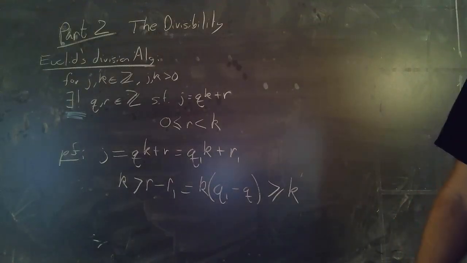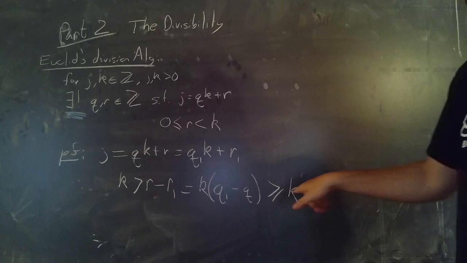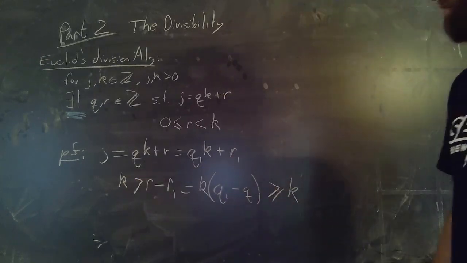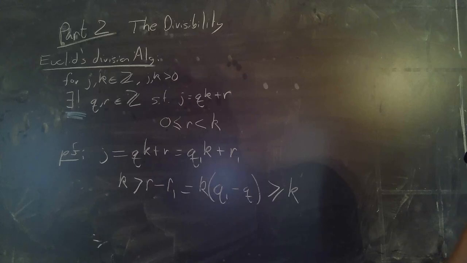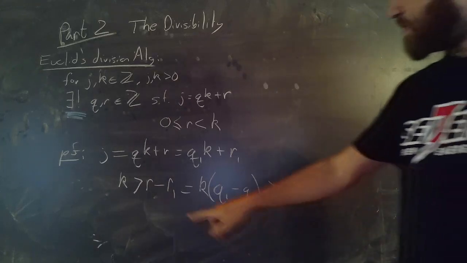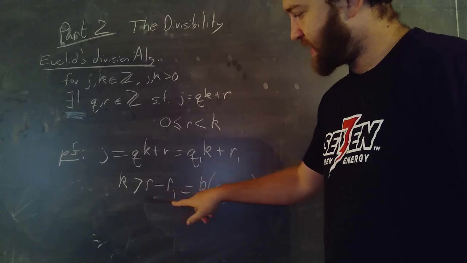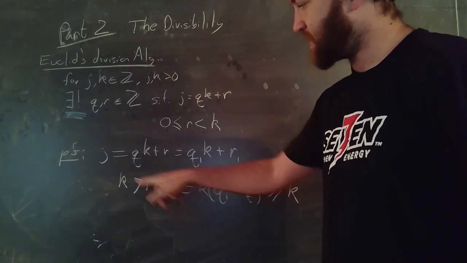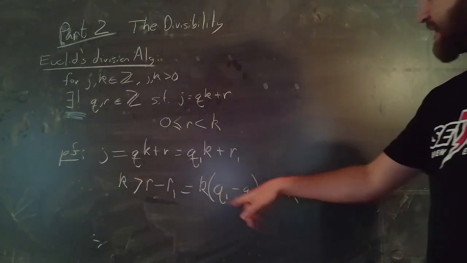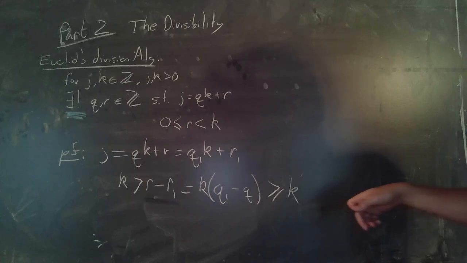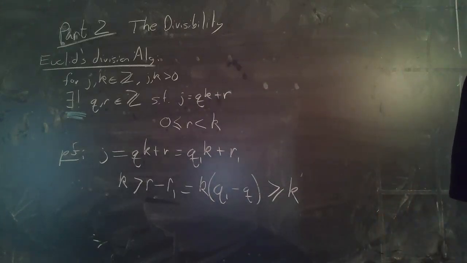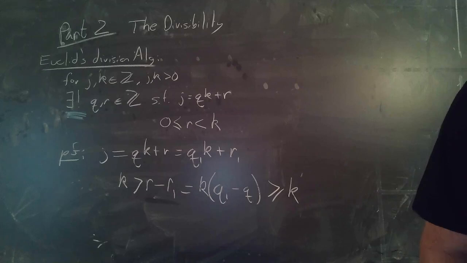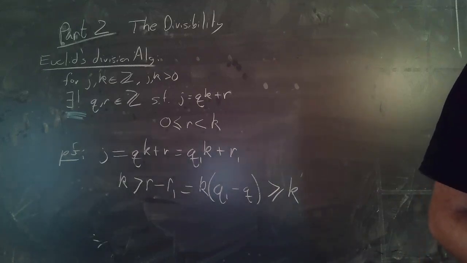Now notice here that this statement is effectively saying that k is greater than k, because we know that if this value on the left-hand side must be strictly less than k, and this value on the right-hand side could be k or it could be bigger, then the only way for that to happen is for k to be greater than k. In other words, we've arrived at some kind of contradiction here.